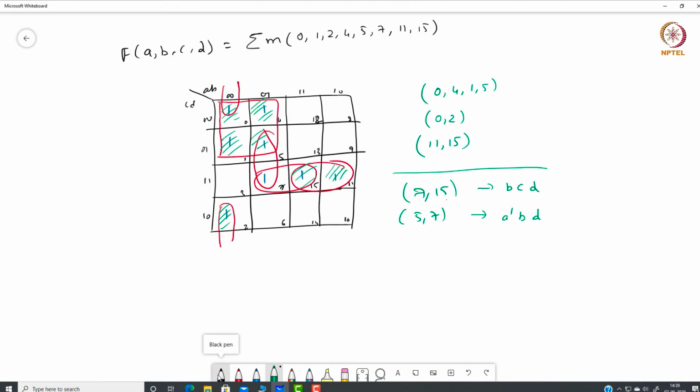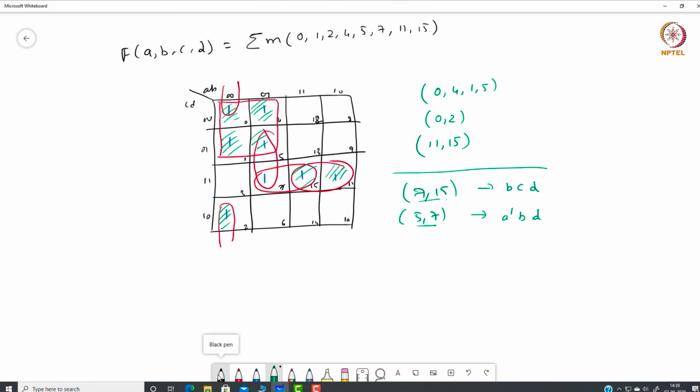So it doesn't matter whether we take this or this; both of them would essentially lead us to a similar cost of our final expression.